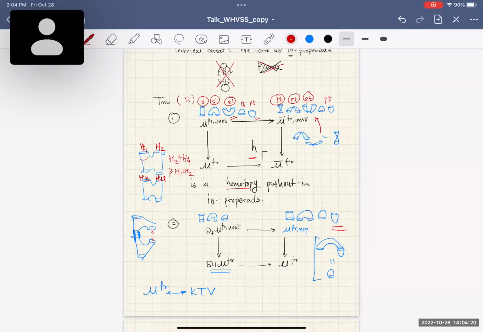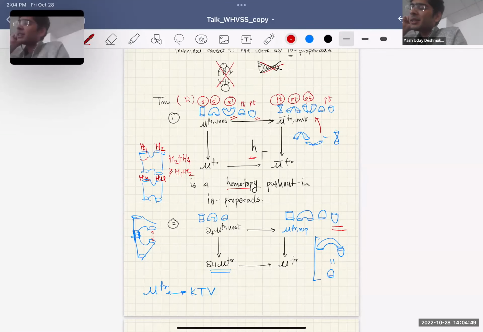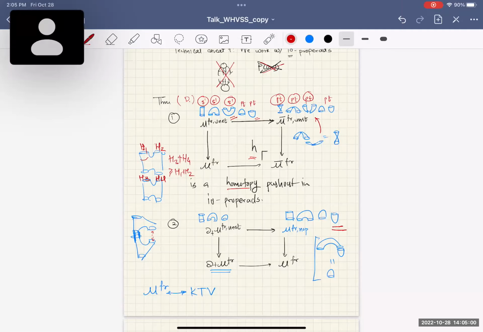The composition that I'm used to, you just don't do anything. You just put them on top of each other without actually gluing anything. Right, but even if you do that, in the KTV compactification, that thing is a codimension 2 boundary. So I have no idea how to do anything in this compactification, in this, I should say, operad structure.